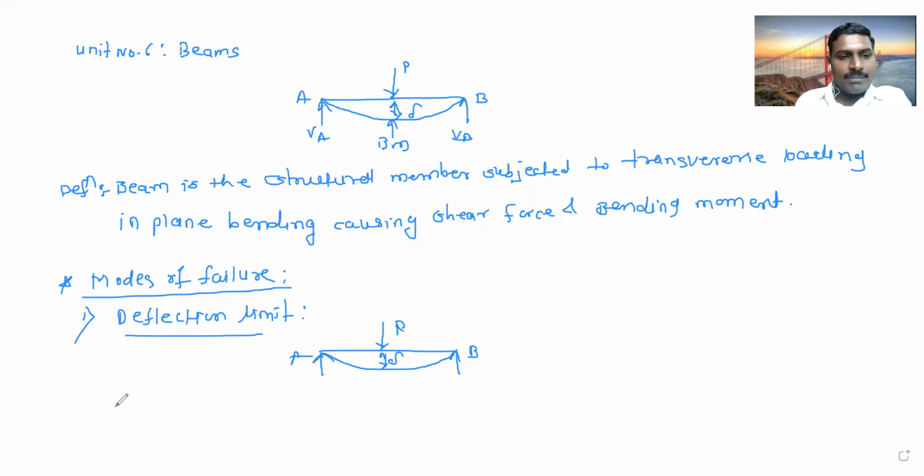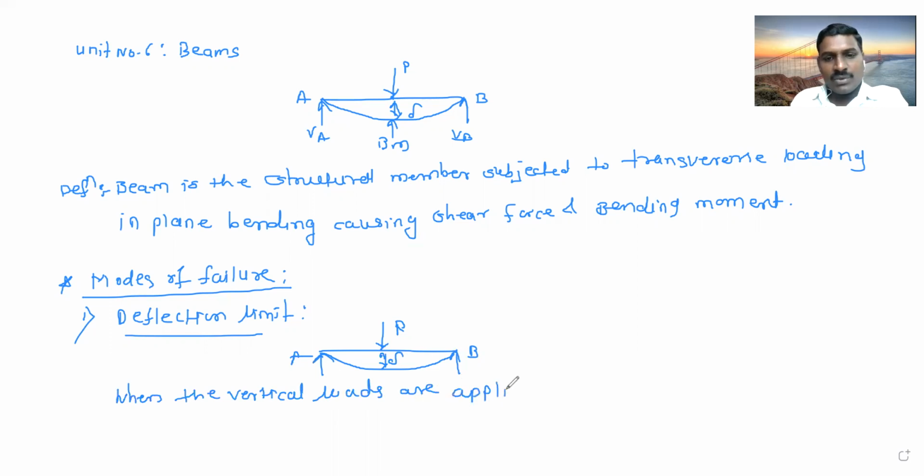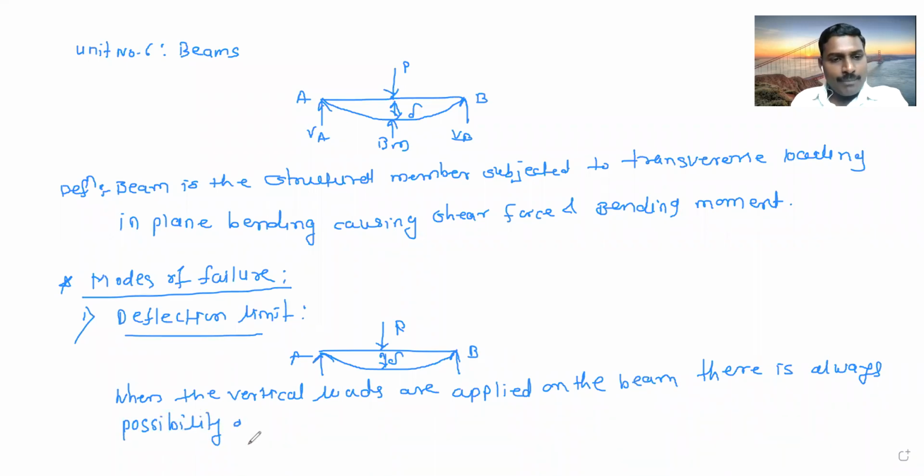So how can we define deflection? Deflection is nothing but when vertical loads are applied on the beam, there is always a possibility of bending.